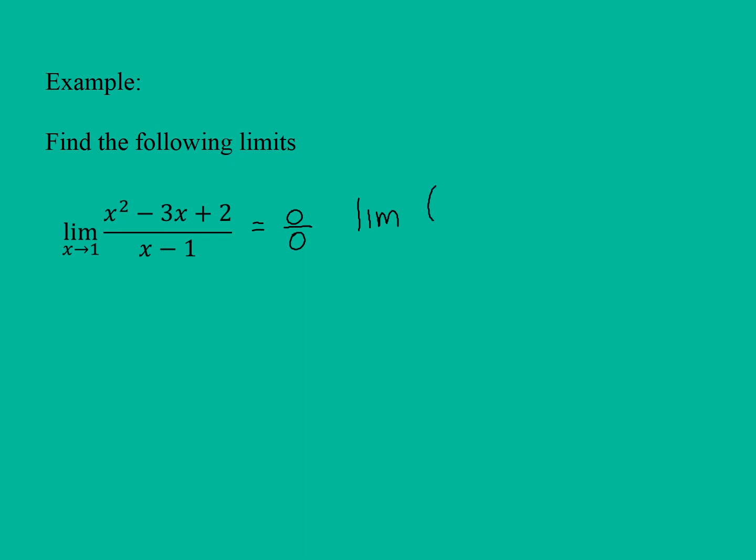It appears that the numerator can be factored into (x minus 1) times (x minus 2). And then I can reduce the x minus 1's, and we have the limit of x minus 2 as x approaches 1, and we can use direct substitution now.